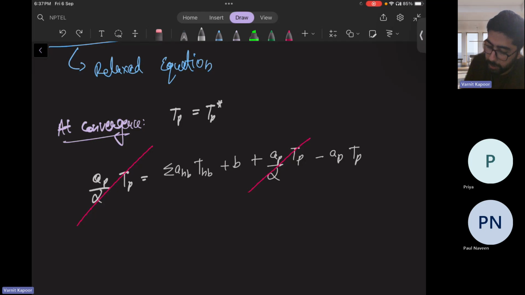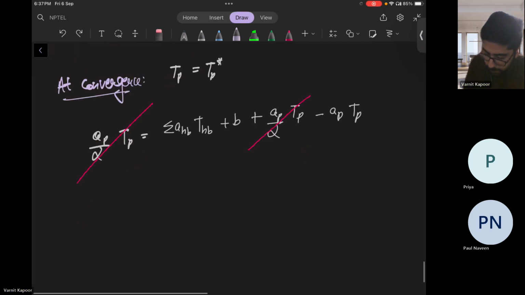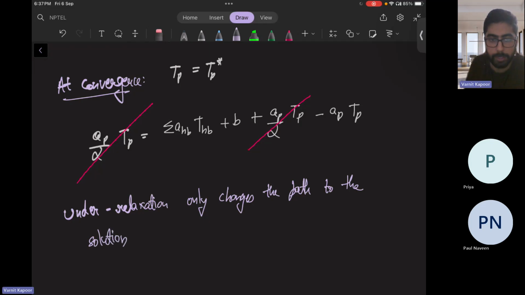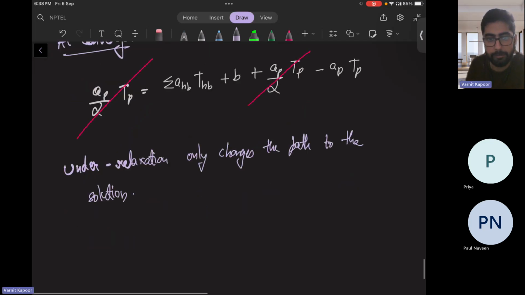So under relaxation only changes the path to the solution, that is, how fast or slow you want to go, and you recover the original linear system of equations at convergence.